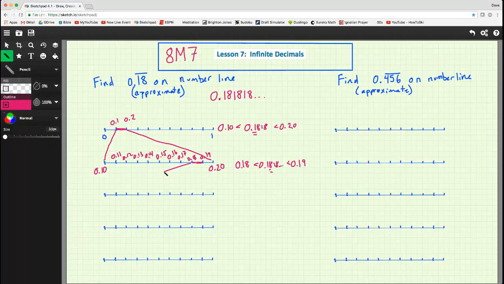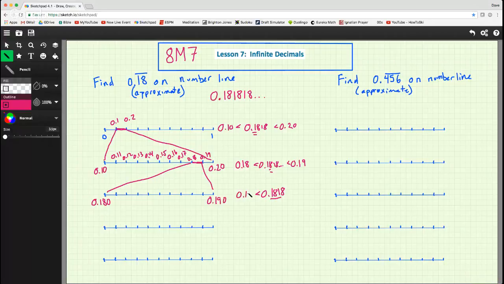So over here, we're going to do 0.18, and I'll put an extra 0 there, and 0.190. Now I've got to figure out which is 0.1818, and now I need one more digit.